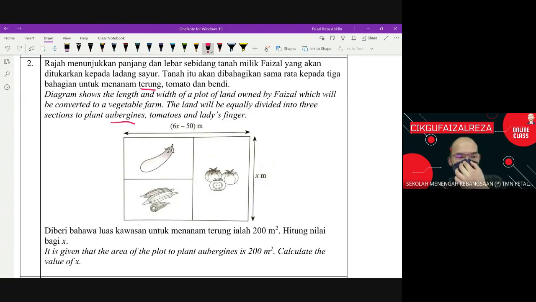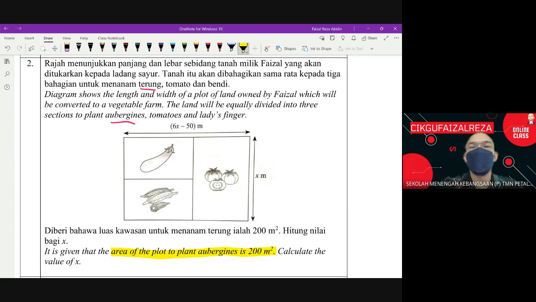It is given that the area of the plot to plant aubergines is 200 meters squared. Calculate the value of x. Anyone? Okay, I'll help you here.